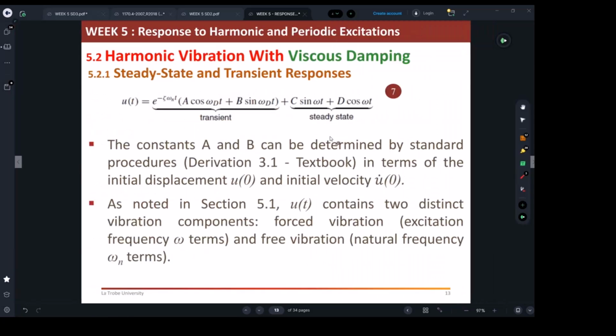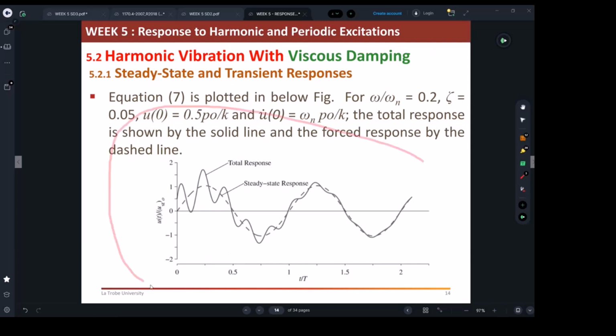So again, this is the solution. And again, I don't want you to worry about the derivation, but if you want to really go through it, it's in the recommended textbook. And if we assume constants for these A, B, C, D parameters, and then try to plot it to understand its physical meaning, that's what you will get.